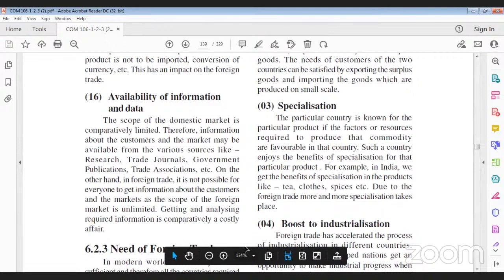Getting and analyzing such requirements may be difficult. So these are some points of difference between internal or domestic trade and foreign trade.